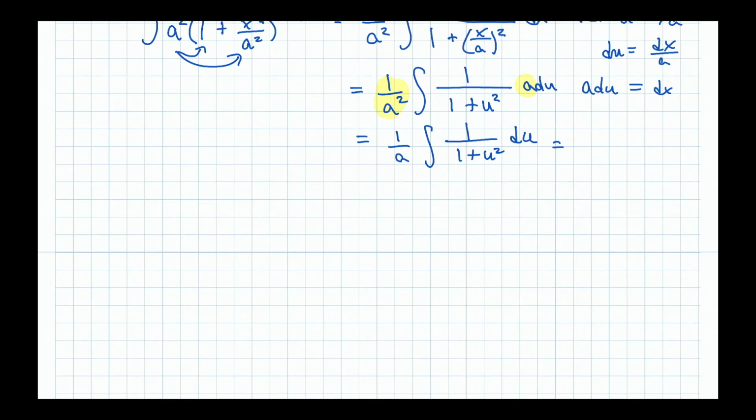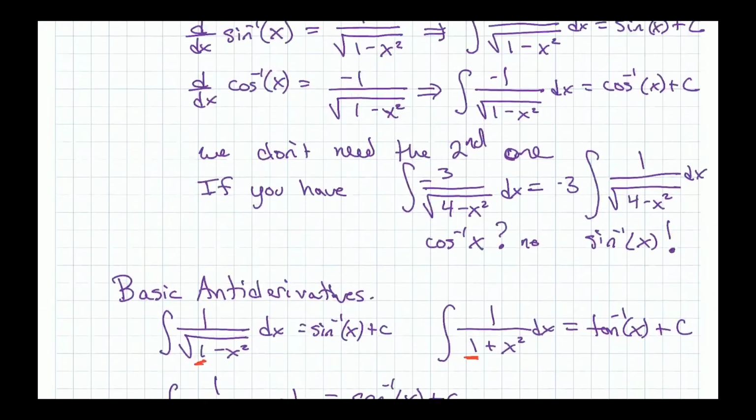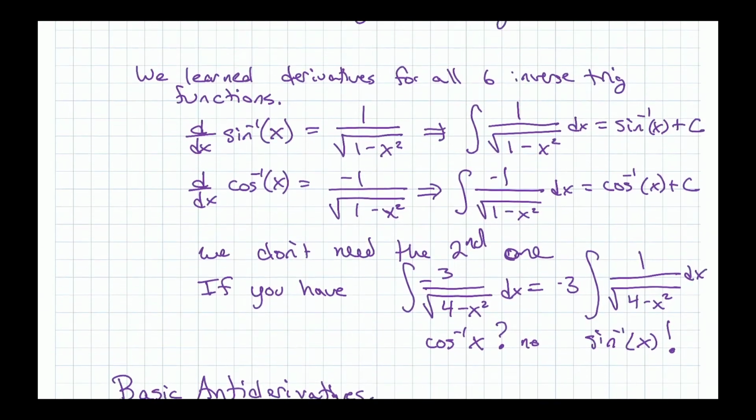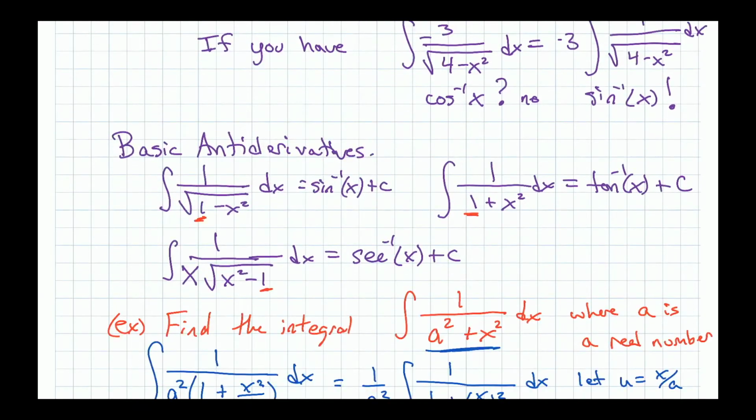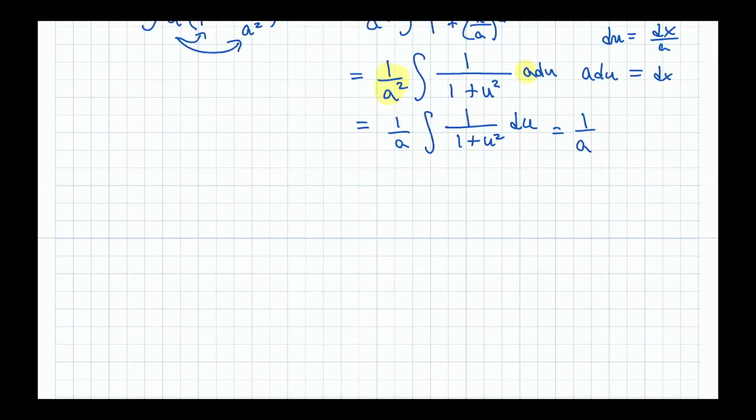That is going to give you, well, that's the formula that we memorized. So you come back up here, we have memorized. That's the one that we saw briefly, right? So you come back over here, and now it matches this exactly, so we know it's a tangent inverse. Okay, so we know that this integral is a tangent inverse of u plus c.